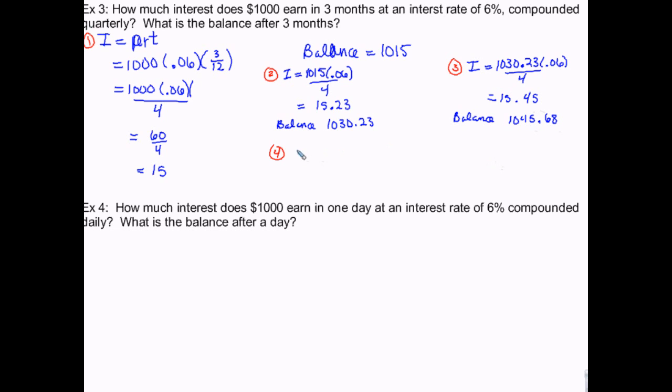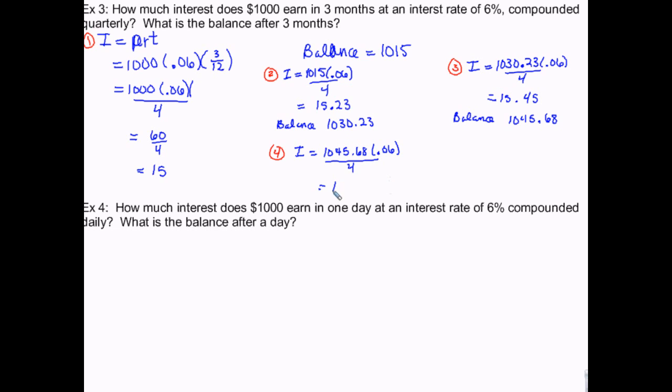And then when we do the next calculation, we're not calculating it again on the 1030, we're calculating it on 1045.68 times 0.06 divided by 4, because this was the third quarter.